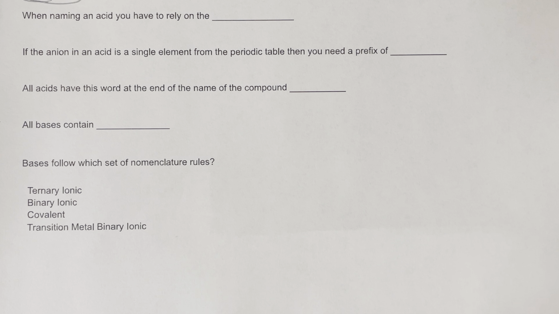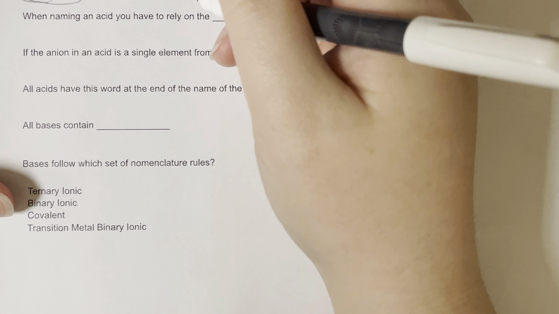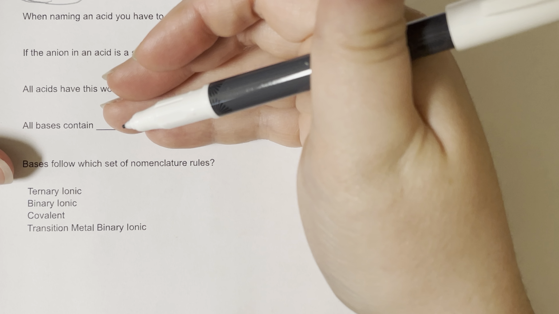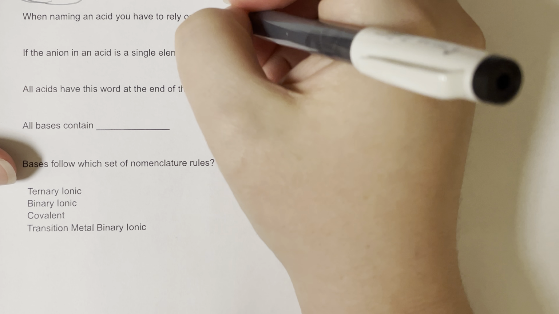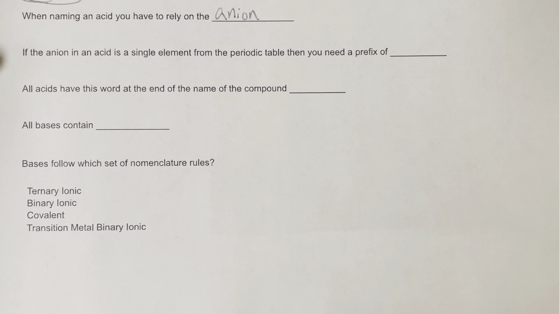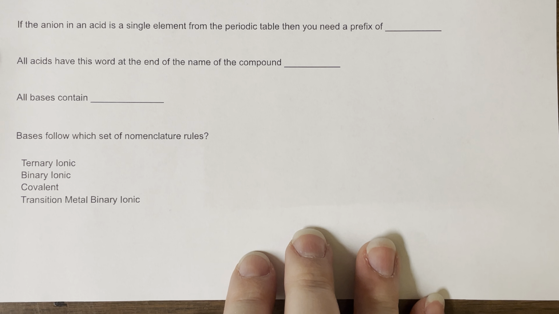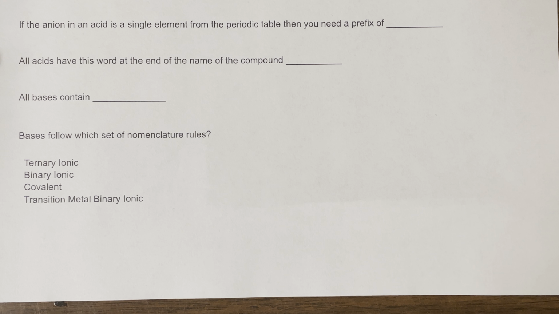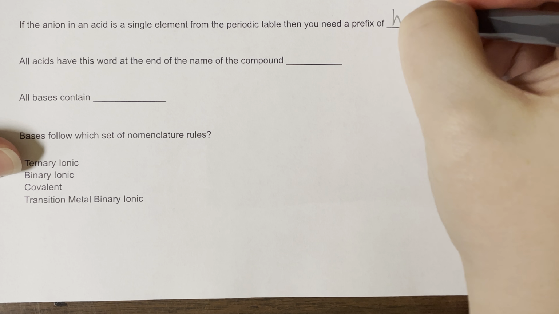When naming an acid, you are going to rely on whatever is in the second position, whether this be an individual element from the periodic table or a polyatomic ion. So you are going to be relying on the anion. If the anion in an acid is a single element from the periodic table, you need a prefix of hydro.